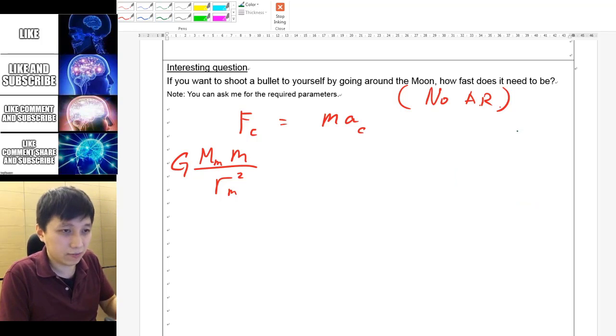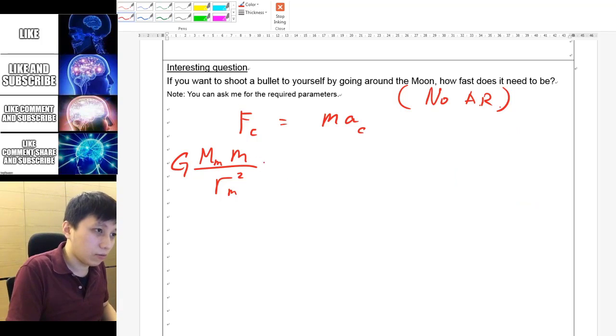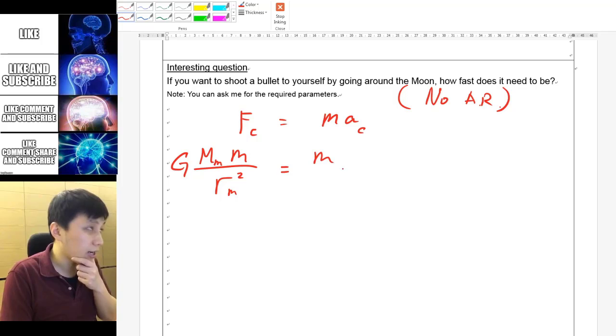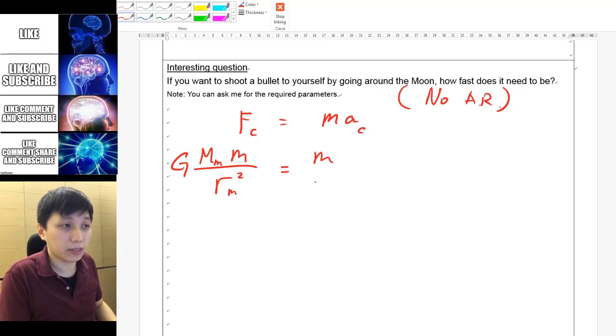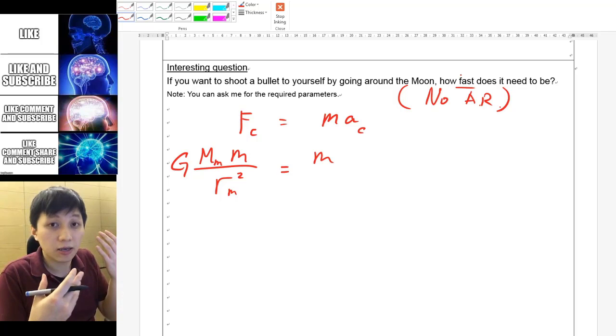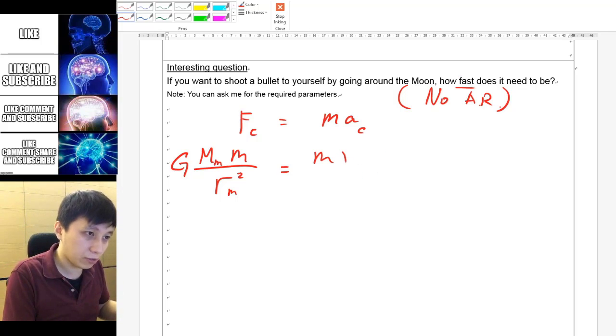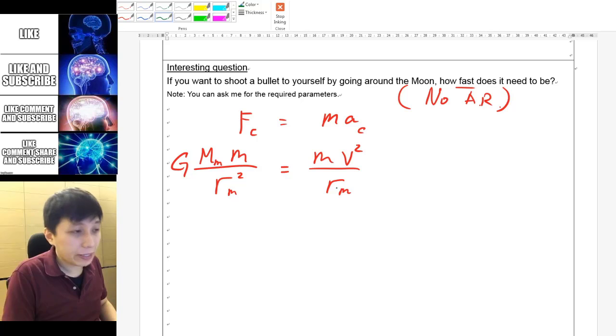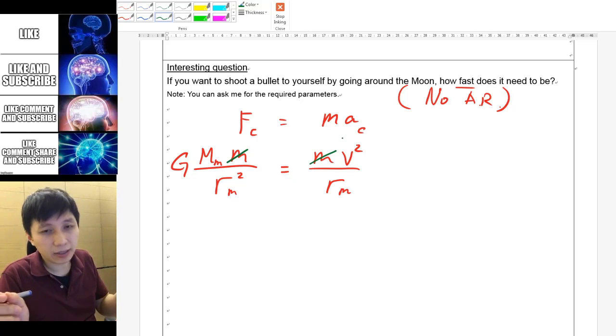So just ignore it. On the other side of the equation, you may use m again for the bullet, and for a, it depends on what kind of format you want. But since we are trying to calculate how fast, that must contain the term v. So I'll probably use v squared over r. Again, r is the radius of the moon. And so the rest should be easy: we just have to cancel out the m, so it doesn't really matter what the mass of the bullet is.